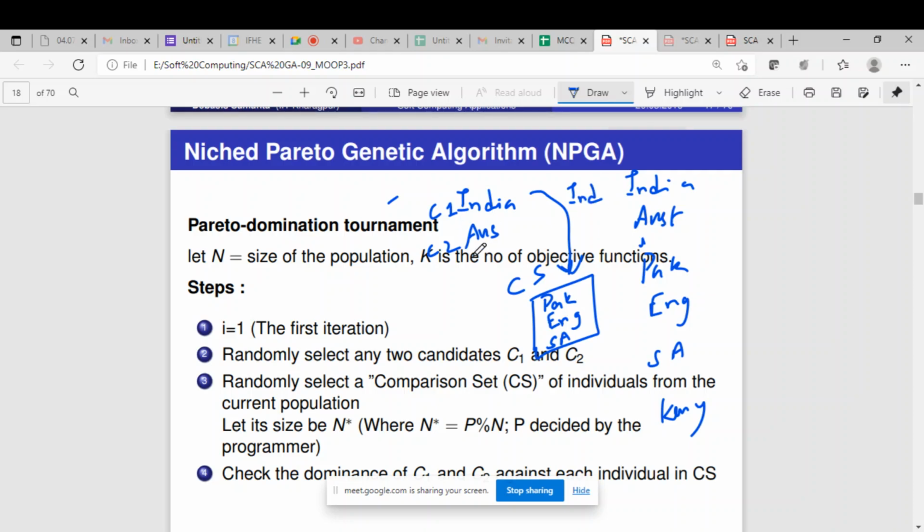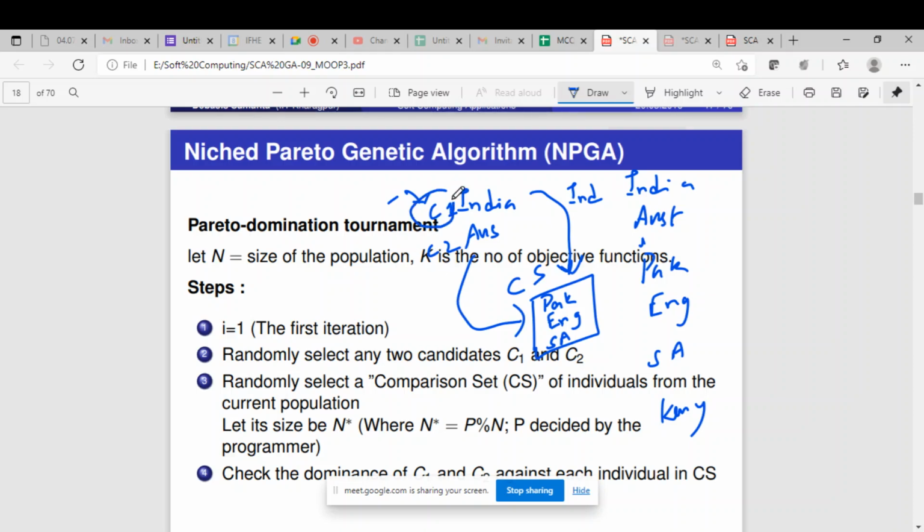Then Australia should compete with everybody in this comparison set. After competing, say Australia lost to South Africa. Then we say that C1, that is India, is the winner. The other way around, if Australia won over Pakistan, England and South Africa, but India lost to South Africa, then we say that C2 is the winner, right?